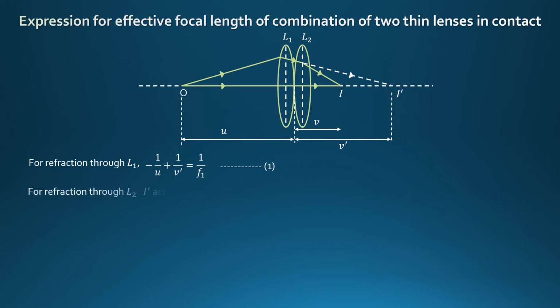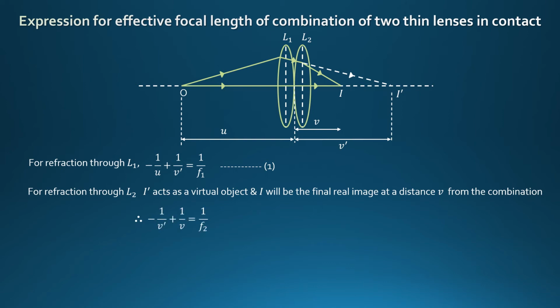For refraction through L2, I dash acts as a virtual object and I will be the final real image at a distance V from the combination. Therefore, we can write minus 1 by V dash plus 1 by V is equal to 1 by f2. We consider this as equation 2.